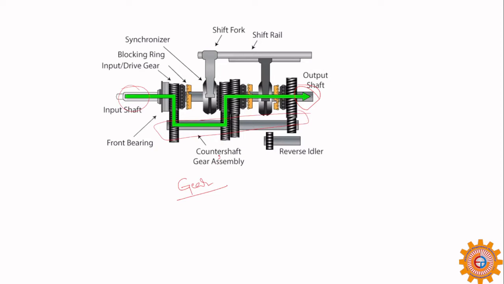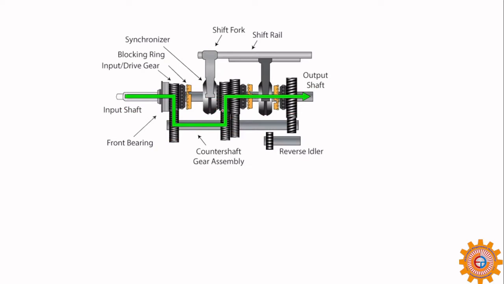From the input shaft we get the power, reduced or increased in speed, and it goes to the output shaft. That is why it is called counter: it rotates counter to the main shaft. You can say this is the main shaft.